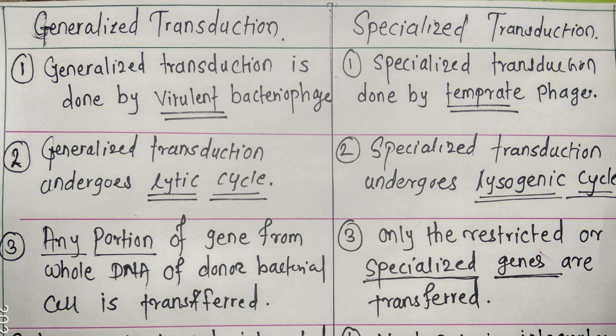Any portion of bacterial gene can be transferred from one bacterial cell to another bacterial cell. While in specialized transduction, only restricted or specialized genes from the whole DNA of the donor bacterial cell are transferred to the recipient bacterial cell.